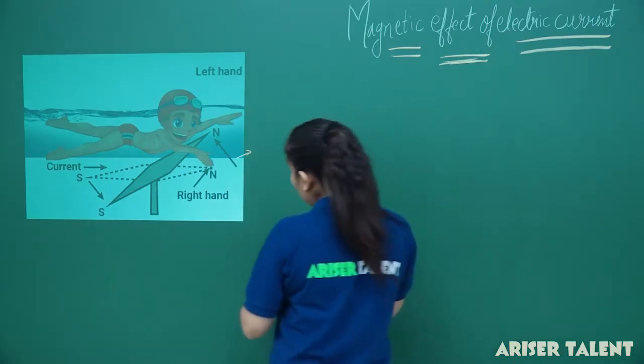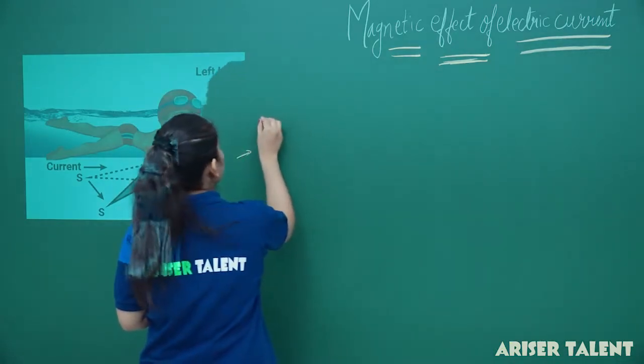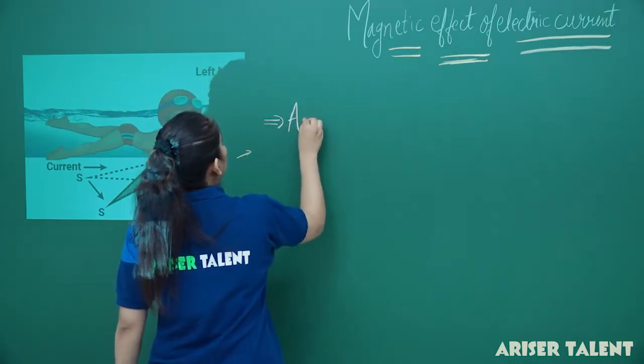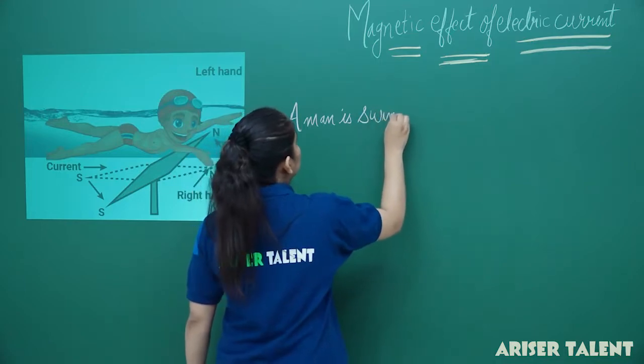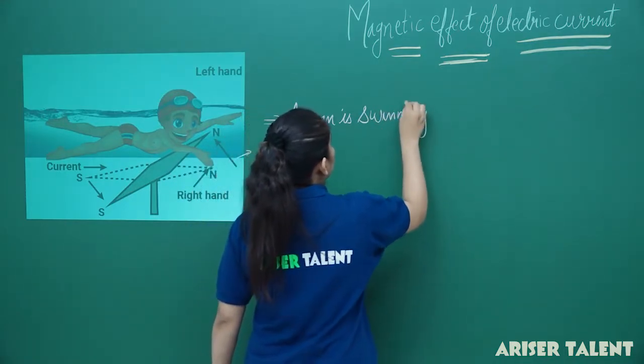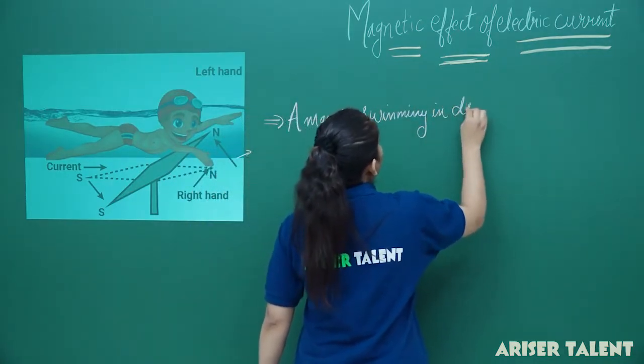So in this rule, what actually happens here is that a man is swimming in the direction of the current.